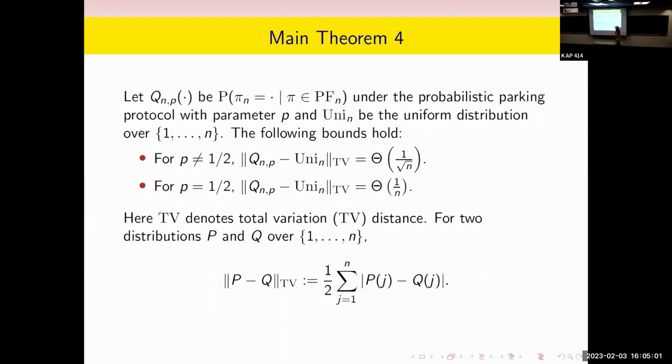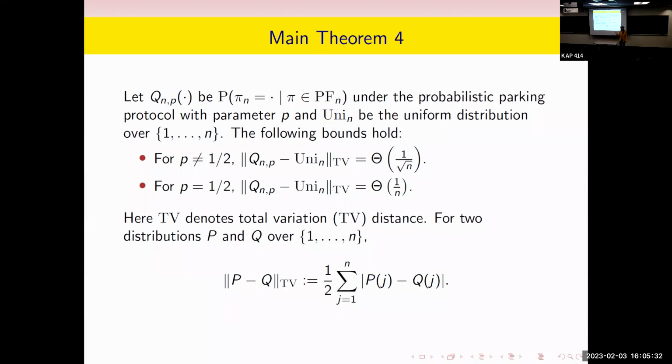Then we can prove that the difference between Q and P and the uniform distribution is bounded in total variation distance. This rate of convergence is 1/√n for general p not equal to 1/2, and it's 1/n for p equals 1/2. There are different characterizations of total variation distance. Here, I'm just going to give one of the definitions, which is 1/2 the sum of all the differences.